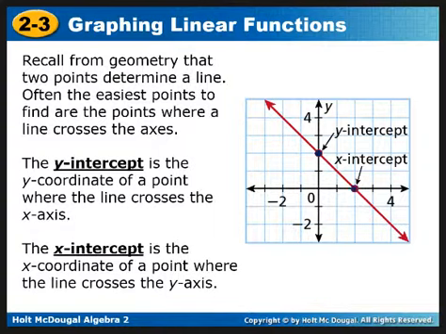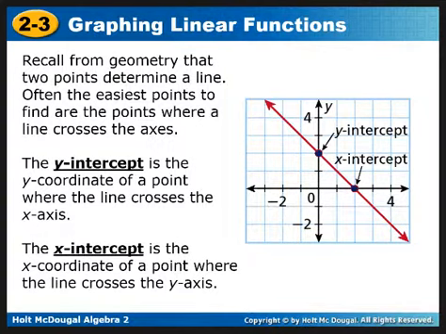Now, there are certain characteristics of both the x and y-intercept that allow us to use those intercepts to graph a line. The one thing about x and y-intercepts is it's kind of one of those exceptions to the rules where typically we say we want to have 3 points before we graph a line. When you're graphing using the intercepts, you can get away with only having 2 points when you graph your line.